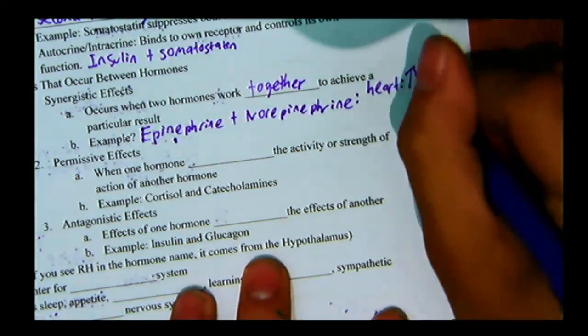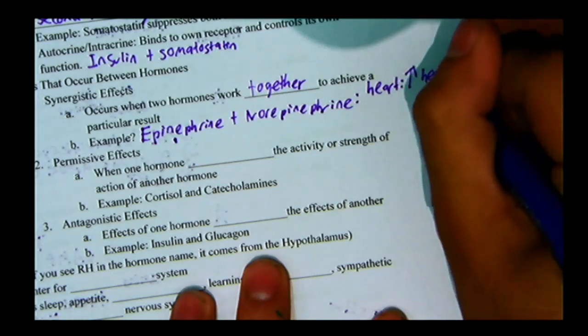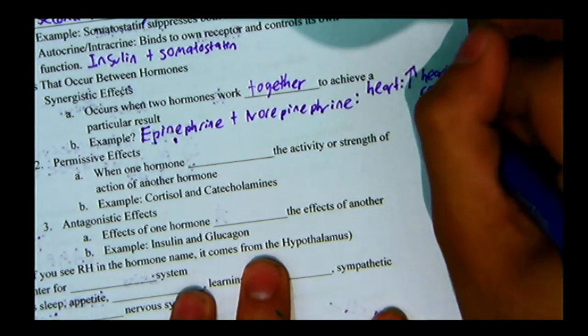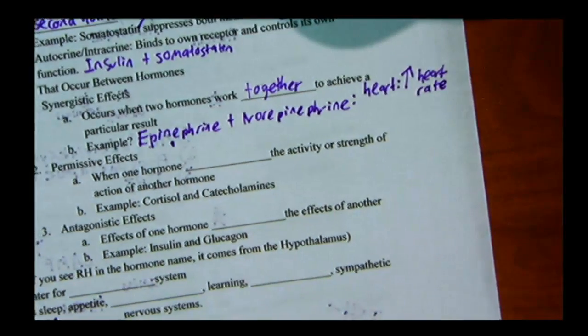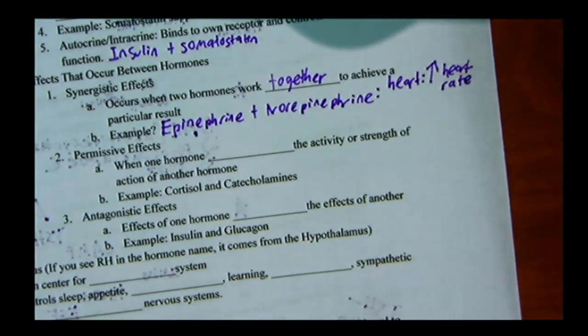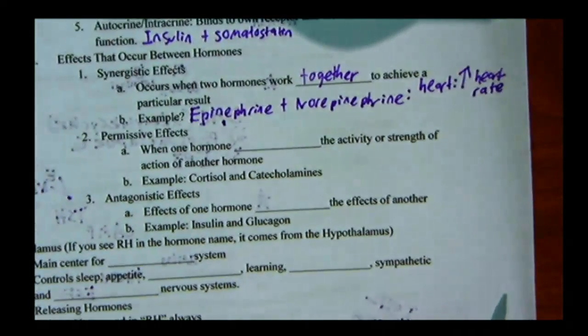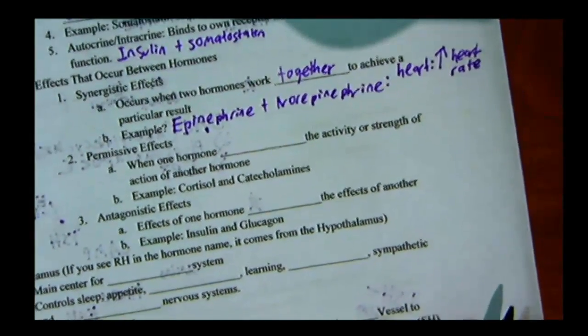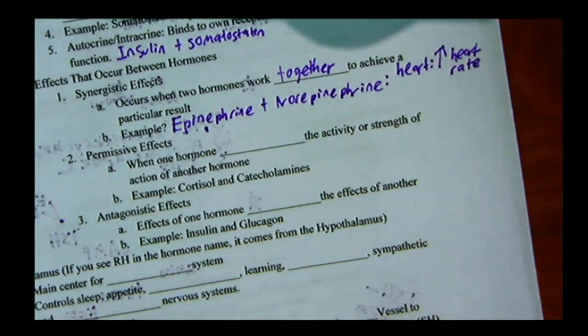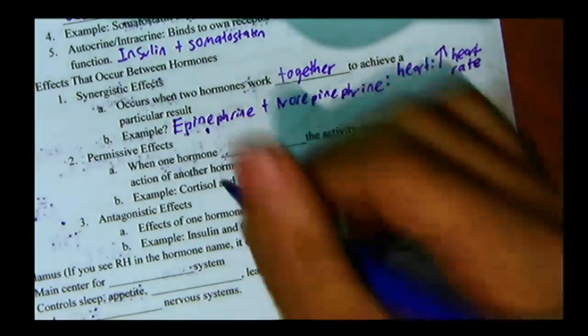All right. So then there's permissive effects. That's when one hormone enhances the activity or strength of another hormone. An example is cortisol and catecholamines. How does cortisol enhance the effect of catecholamines? What does it increase?